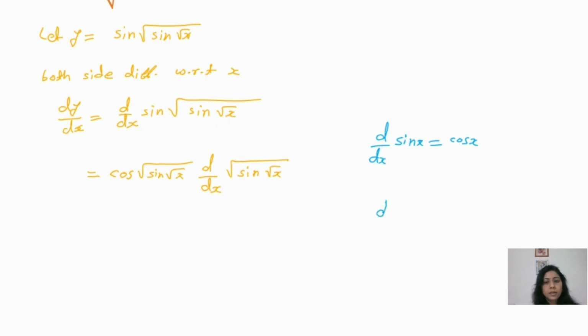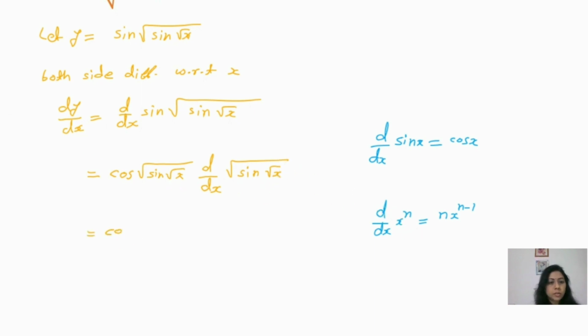We know that d upon dx x to the power n is n x to the power n minus 1. We apply this here. So here sine square root x to the power half, it means n value is half.